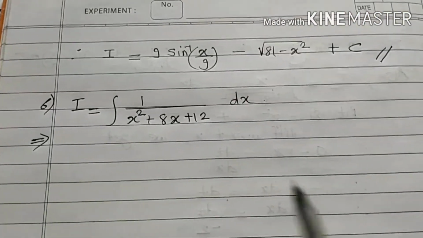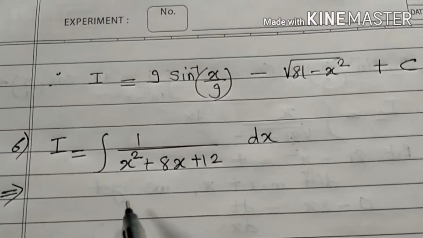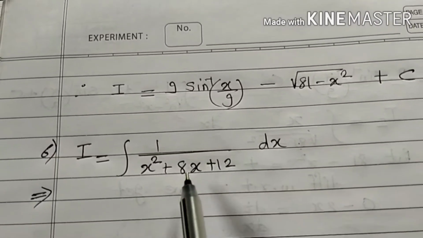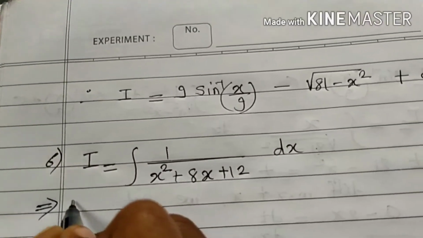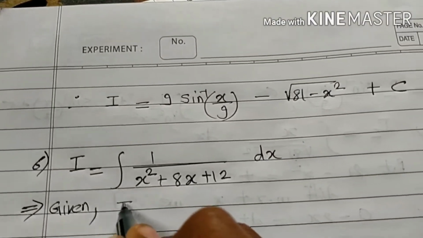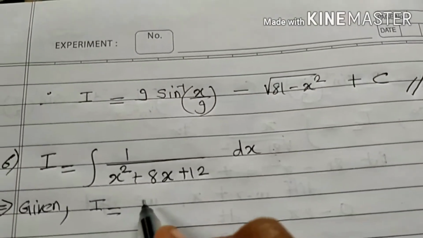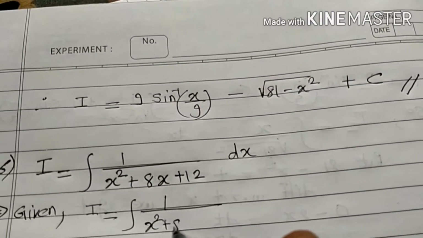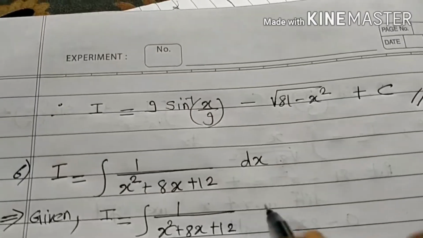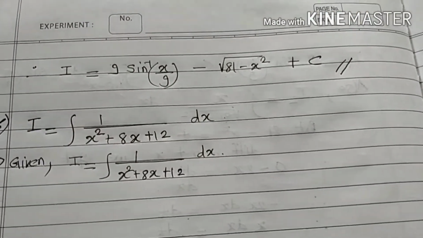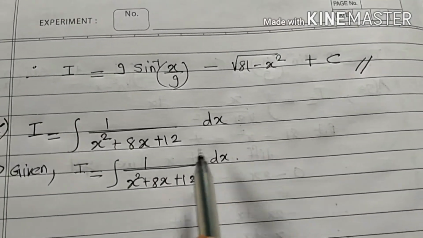Now next example: I is equal to integration of 1 upon x square plus 8x plus 12 into dx. So first write the given. Now here is another method to solve it.